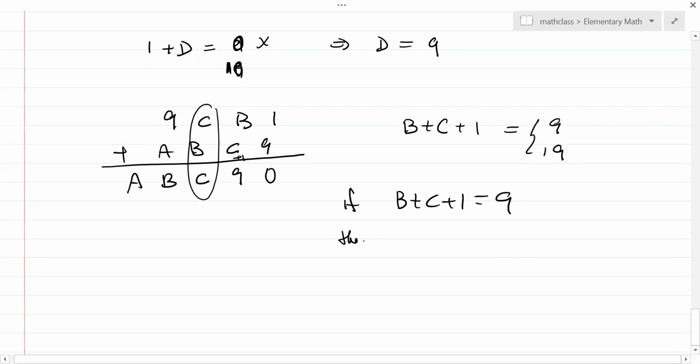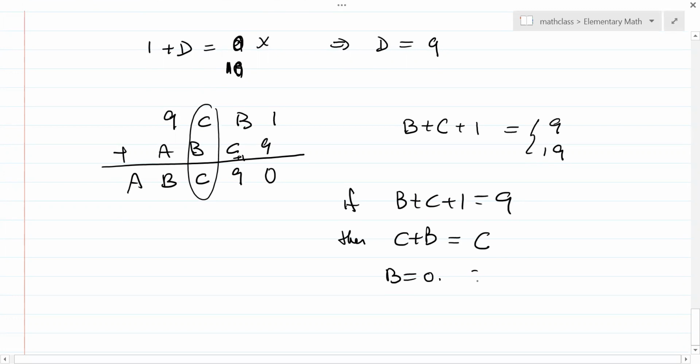Then this C plus B should be equal to C, okay? Because now C plus B is still a single digit number. So that implies B should be equal to 0.